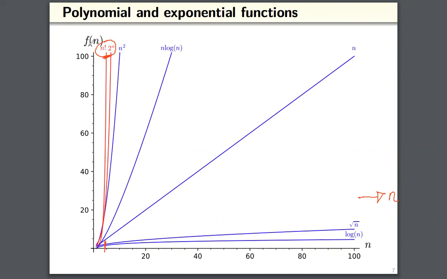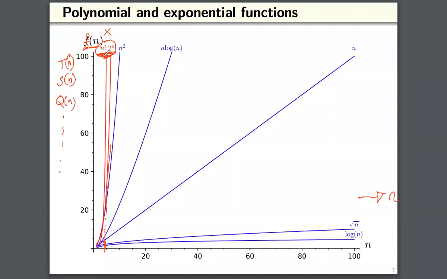This is the time taken. F can be the time taken, or the space complexity, or the number of queries, whatever, based on the algorithm you're working on. For a small amount of data, it takes a lot of time, so these are bad functions.